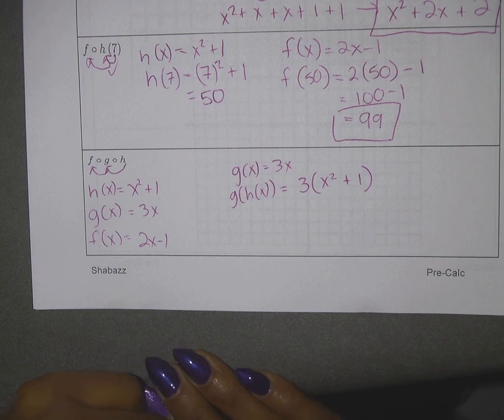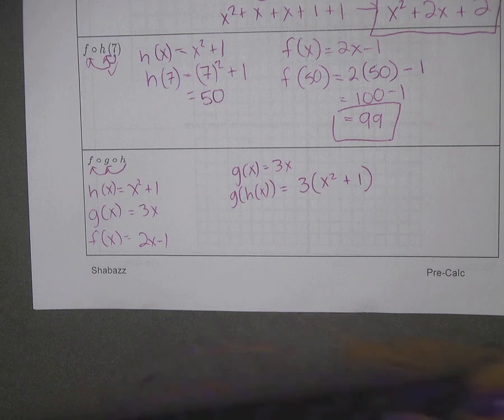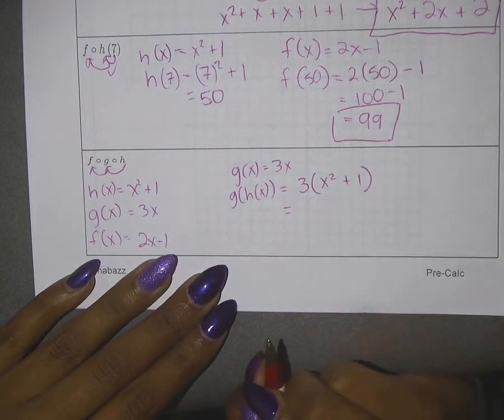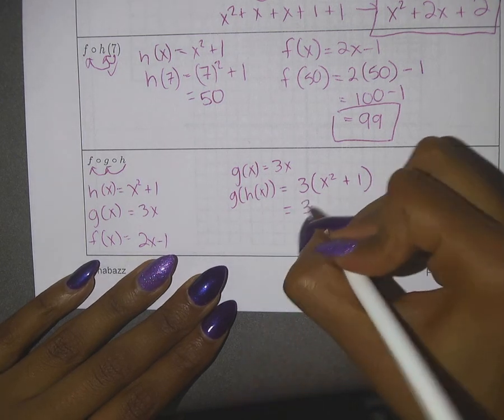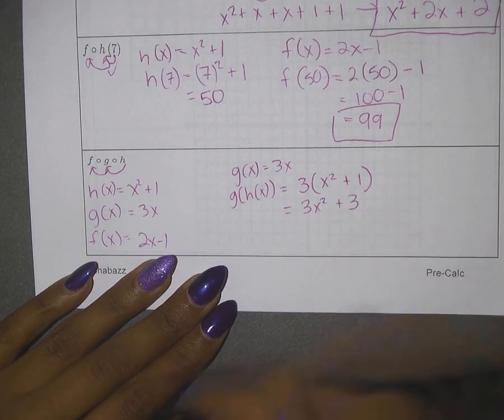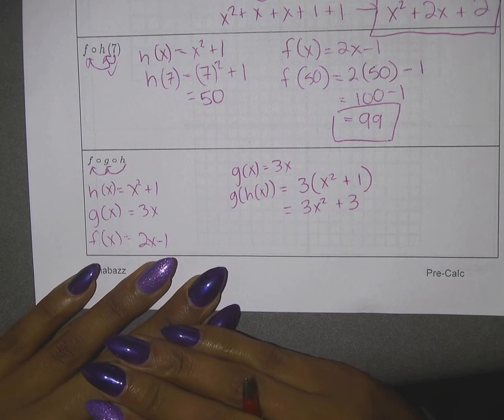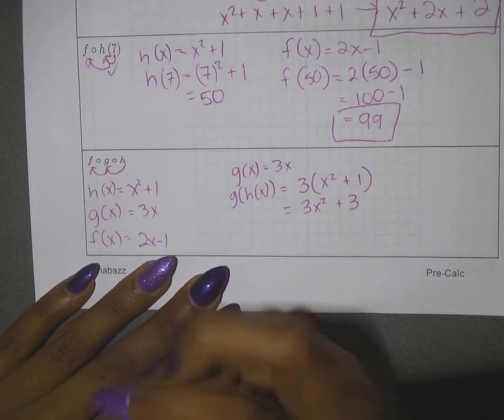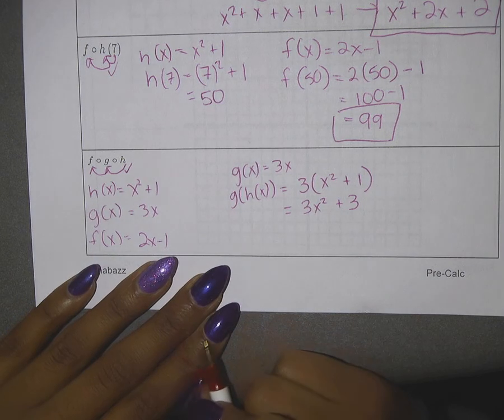Okay, then to simplify, what would my simplified or distributed function be? 3x squared plus 3. Okay, so that takes care of h into g.